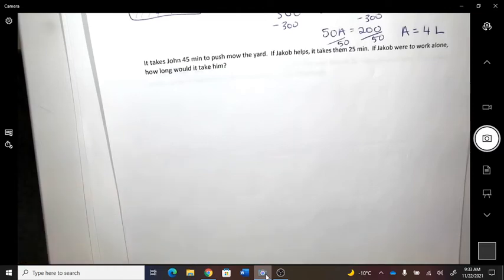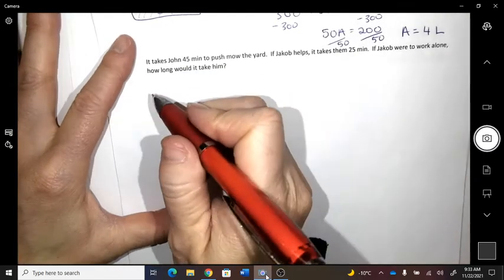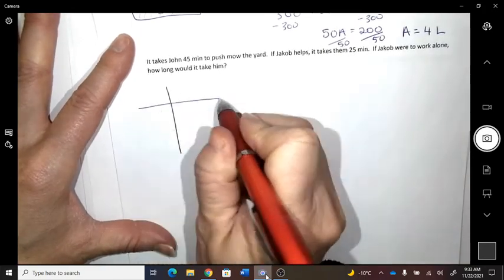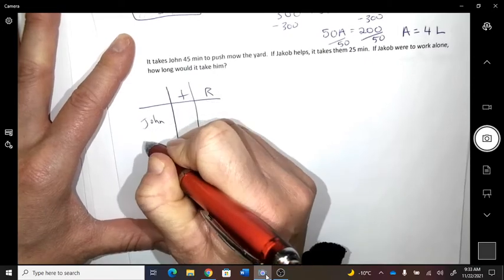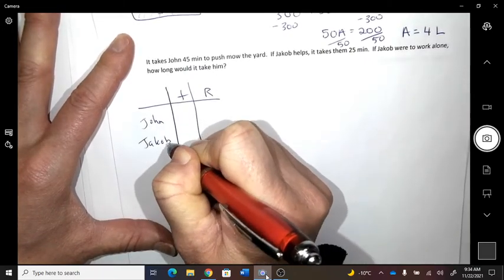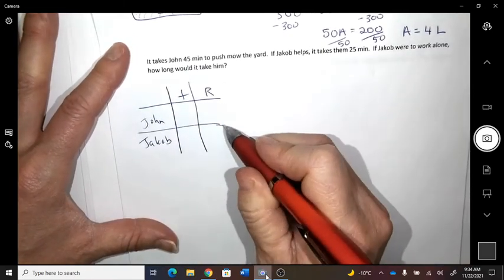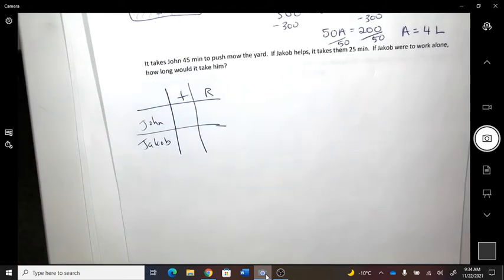Okay, it takes John 45 minutes to push mow the yard. I'm already going to set this up here, time and rate with a John and a Jacob. Maybe I shouldn't have used 2 J names here, but okay.